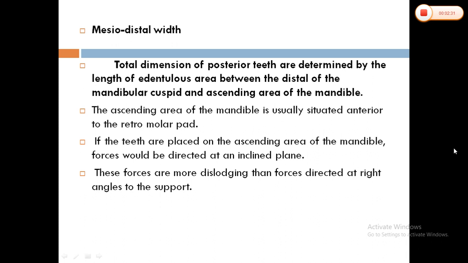The ascending area of the mandible is usually situated anterior to the retromolar pad. If the teeth are placed on the ascending area of the mandible, forces would be directed at an inclined plane. These forces are more dislodging than forces directed at right angles to the support.